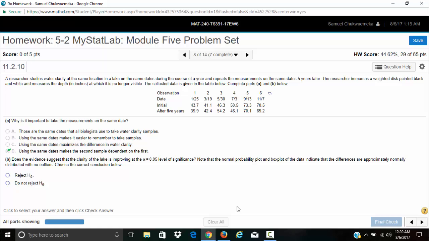It's still the same. You're measuring water clarity. That's the main thing, that's the measurement. It's just that you did it on 2 different dates. So we shall still consider this as matched pairs. We're going to run a t-test just like we did in the previous question.